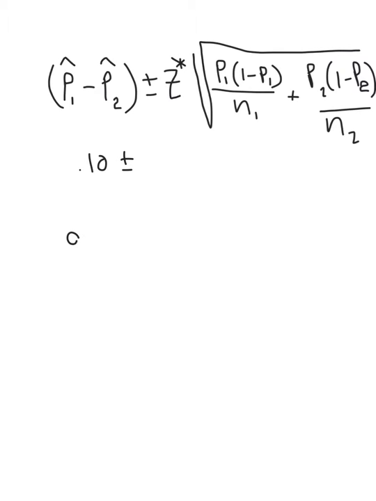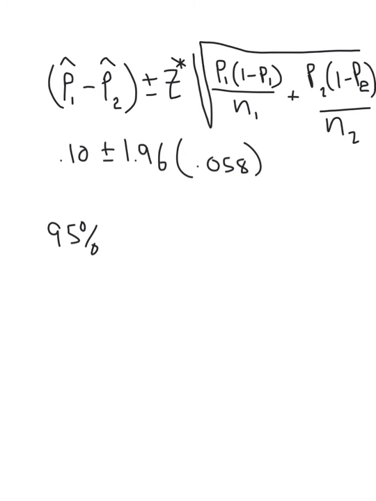So let's do this. Let's just say it's a 95% confidence interval. Now, do you remember what that is? I think it's 1.96. I'm going to double check. 1.96. And then what was that standard deviation from the problem? 0.058. There it is.